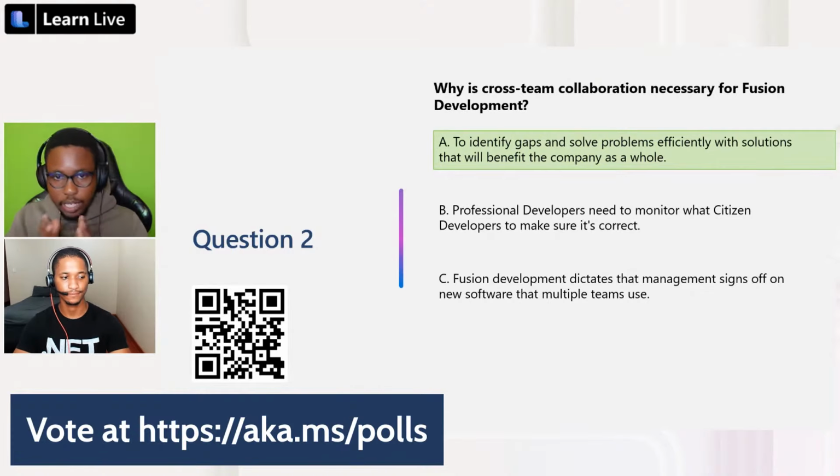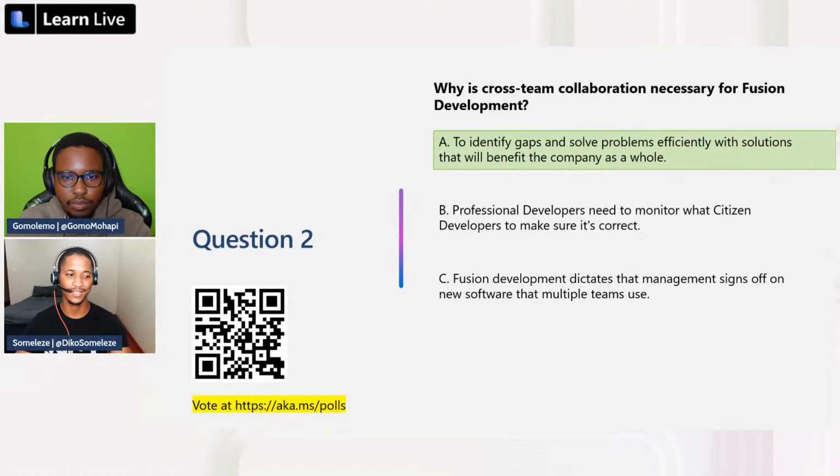So A definitely suits the knowledge check there. No, I was just going to say it's the correct answer as you can see on the screen, and it seems like everyone has been following along with this whole concept of fusion development teams and what they are supposed to be representing.